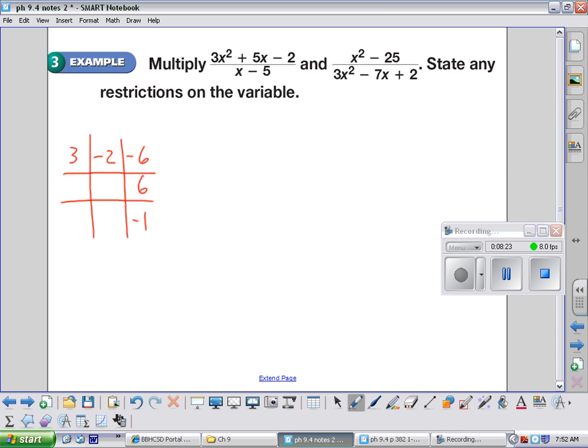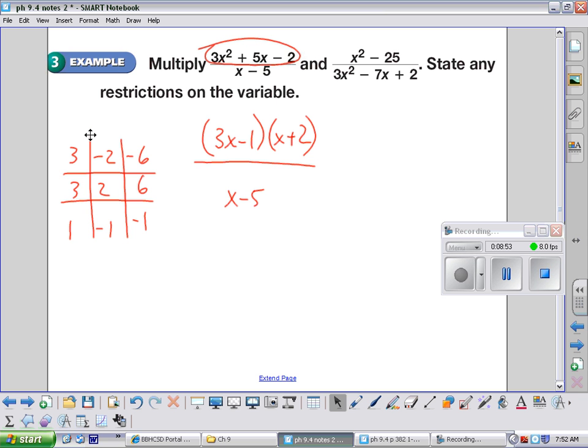Things that multiply to get to negative 6 and add to get to positive 5. All right. Factoring right here. All right, so we get in our box, we get 3 and 2 here, 1 and negative 1 there. So I get 3x minus 1 and x plus 2. Okay, over x minus 5.